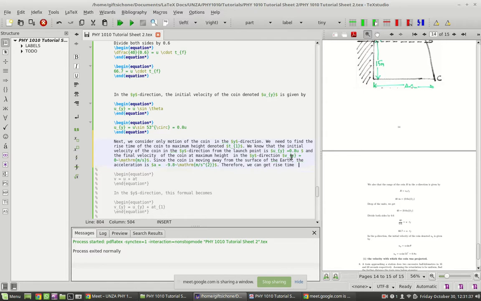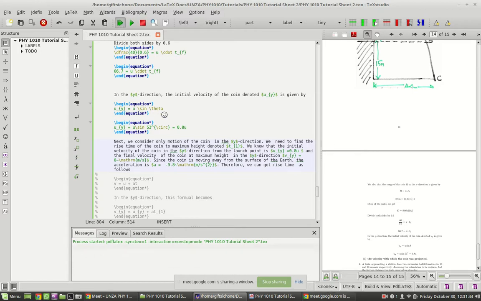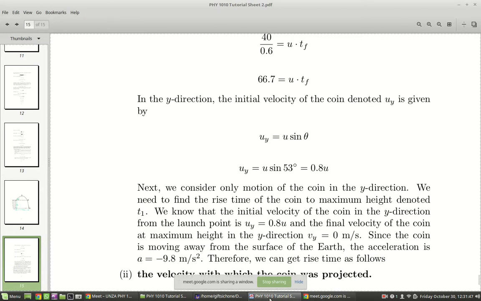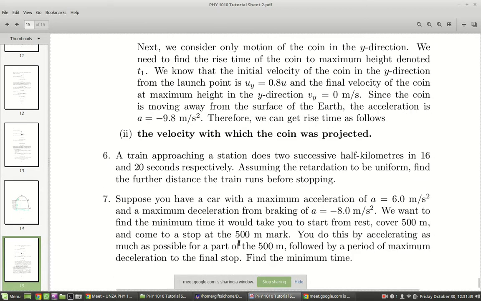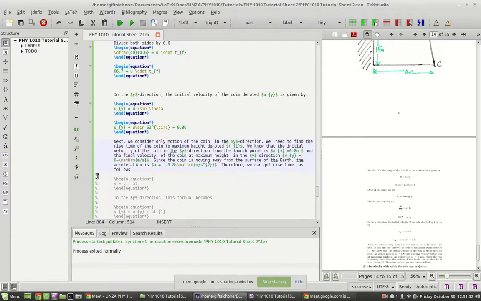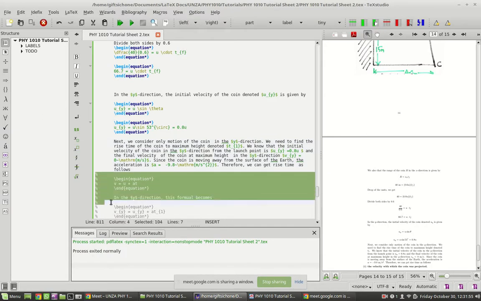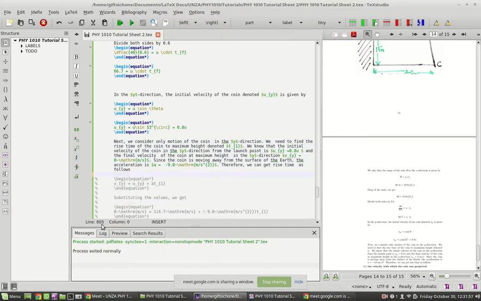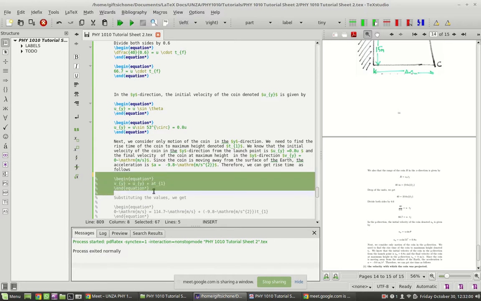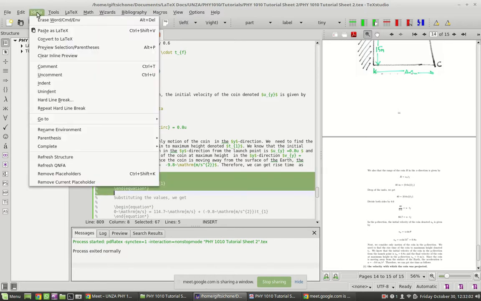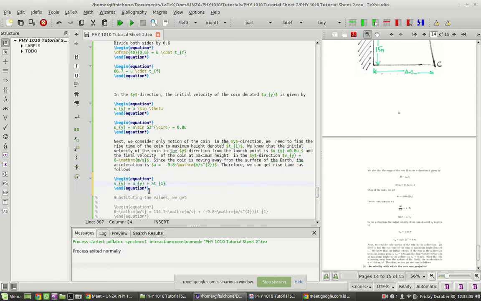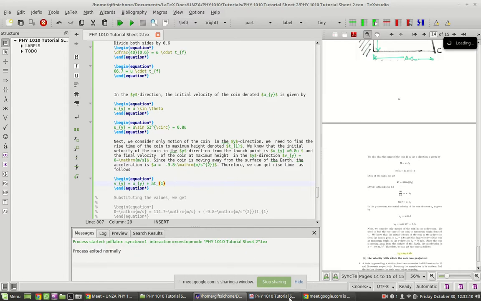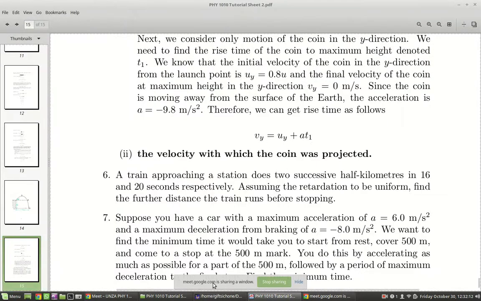As follows. So the rise time is going to be that way.